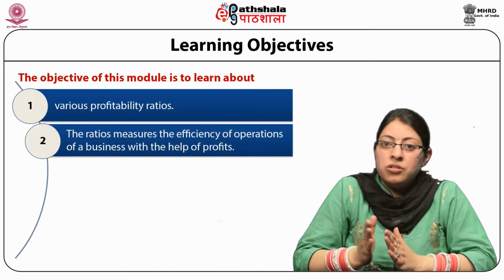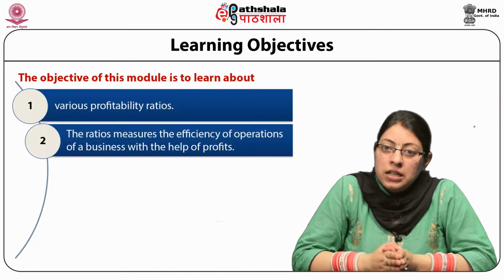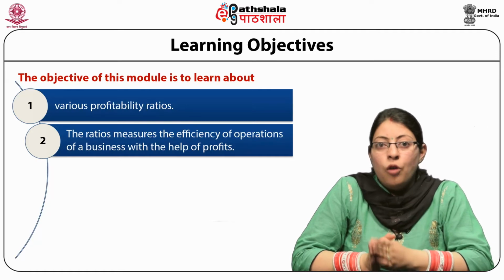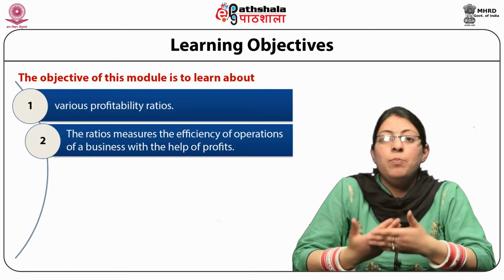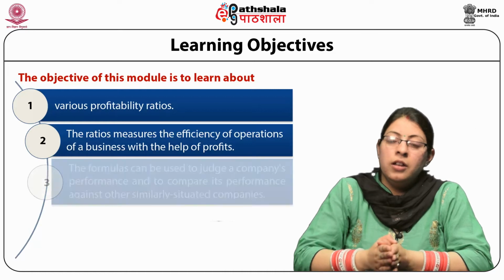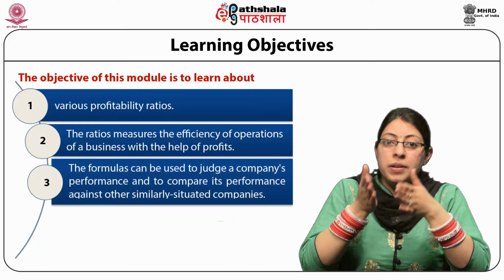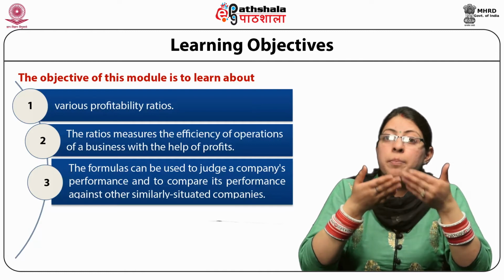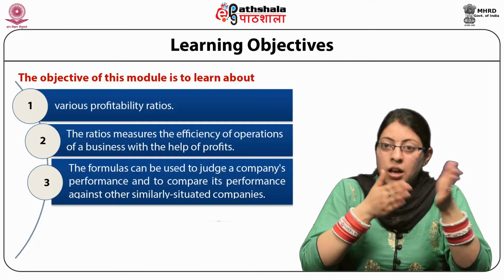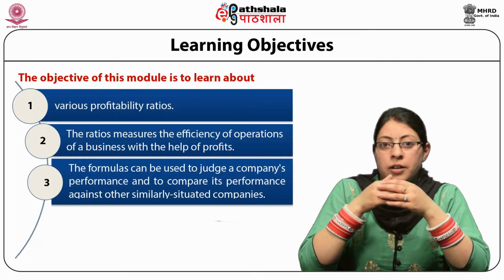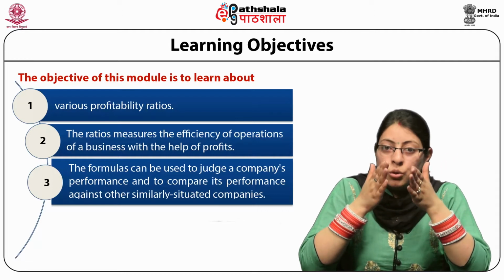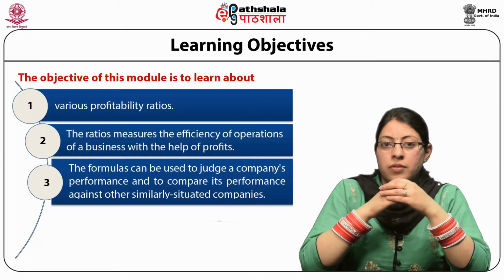The ratio measures the efficiency of operations of a business with the help of profits. The formula can be used to judge a company's performance and to compare its performance against other similarly situated companies.